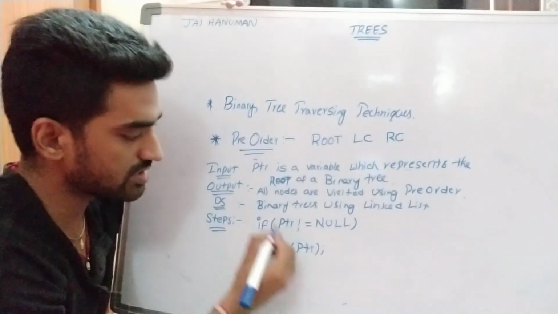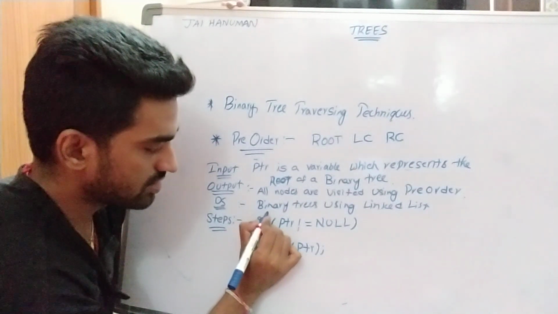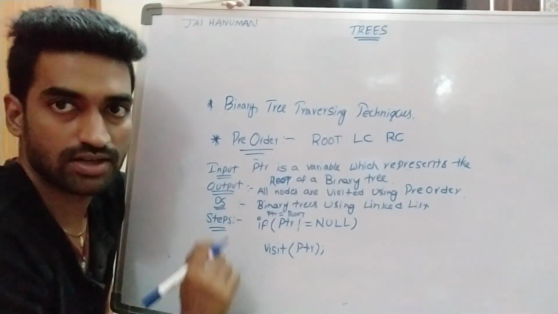So that is root is visited, right? So initially root value is set to be pointer, na? So here I am writing pointer is equal to root.